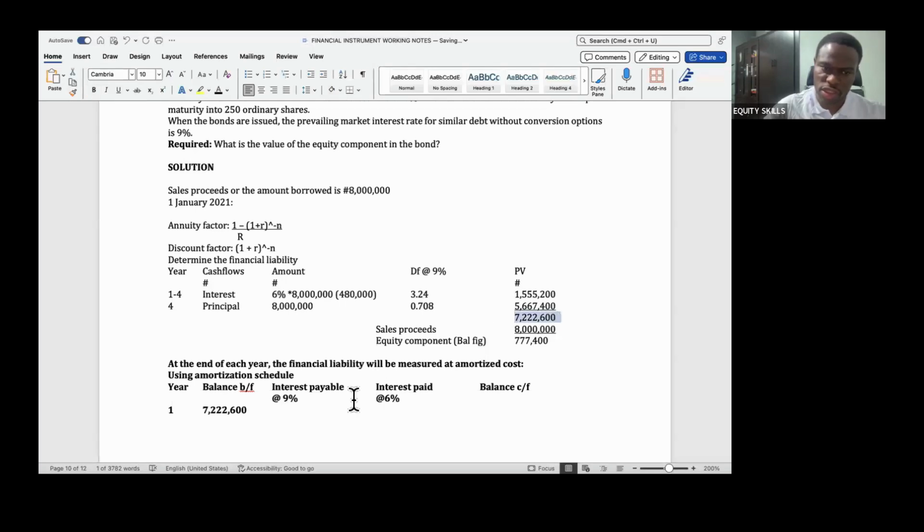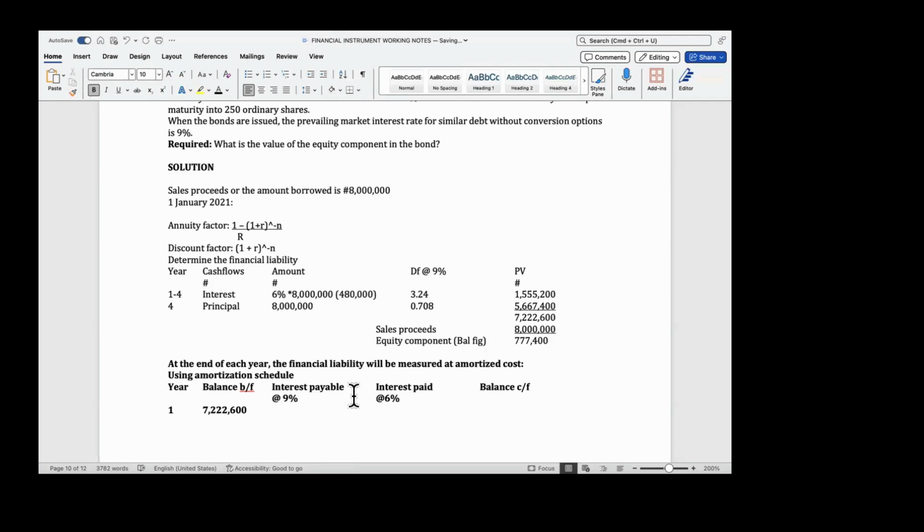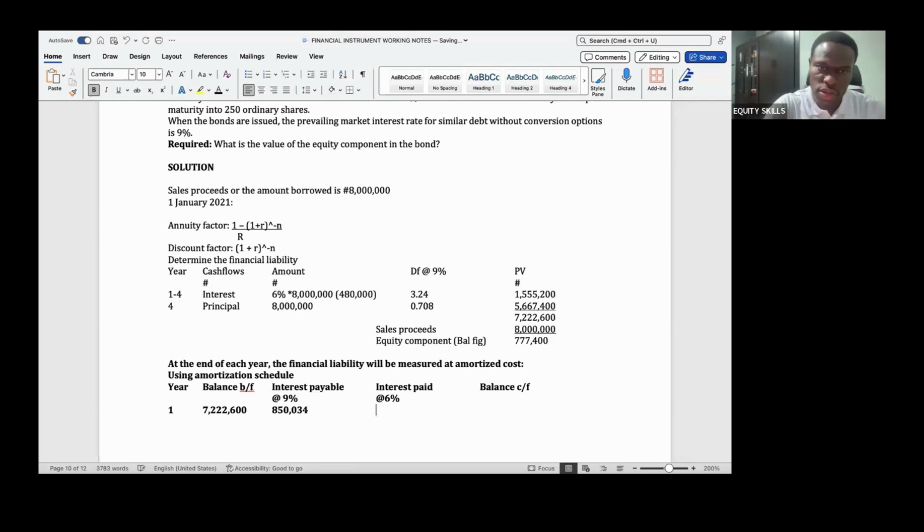This 7,222,600. So can you do 9% of that for me? What's 9% of 7,222,600? 650,034 naira. This one does not change. It remains 480,000, which is 6% on the principal amount, 6% of 8 million.